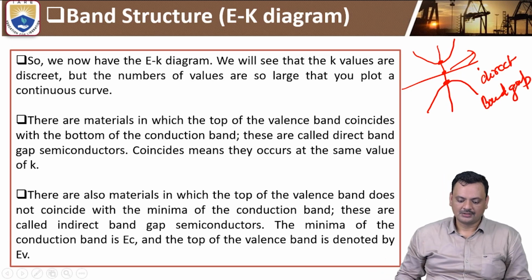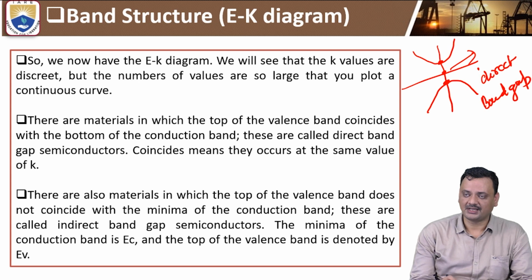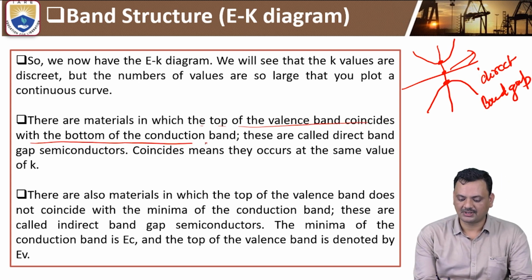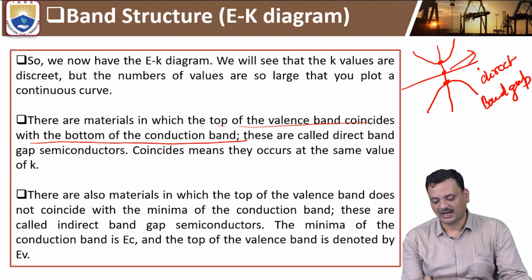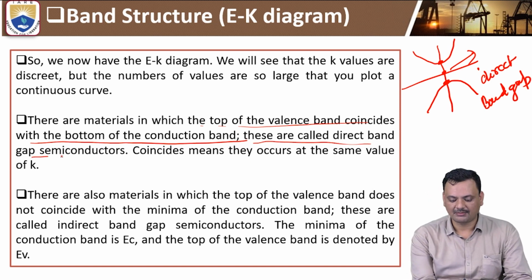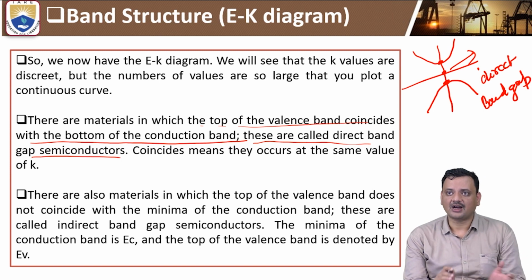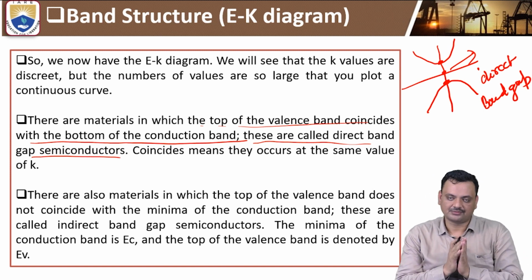Okay. So the same thing is written here. There are material in which the top of valence band coincide with the bottom of conduction band. Then these are called the direct band gap semiconductor. Coincide means they occur at the same values of K.